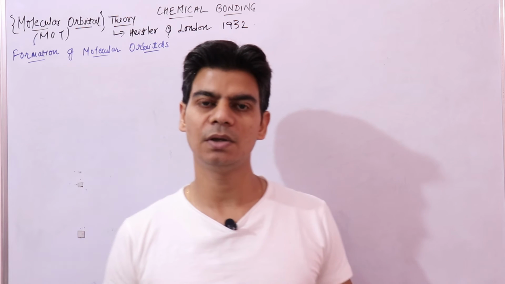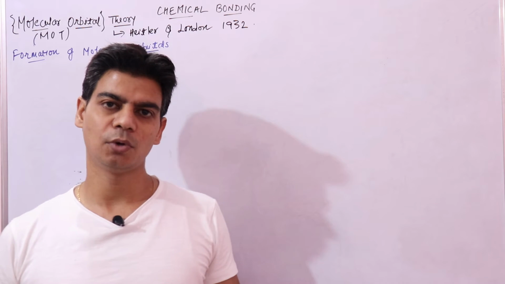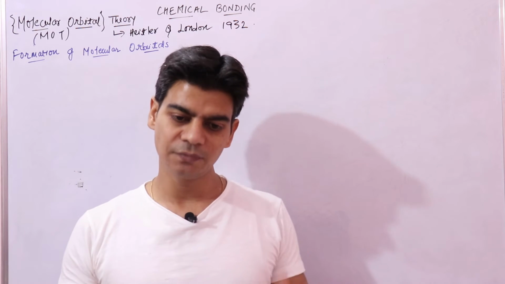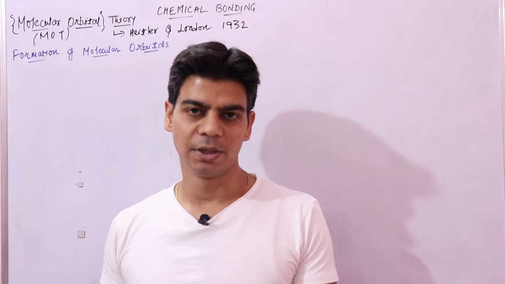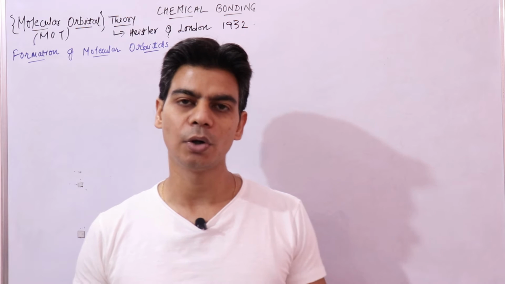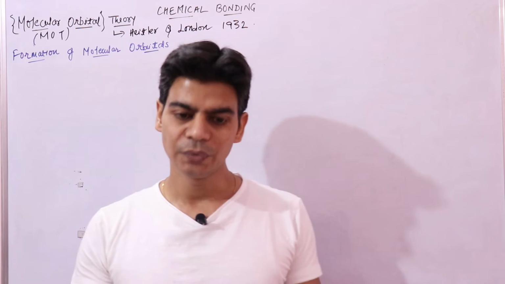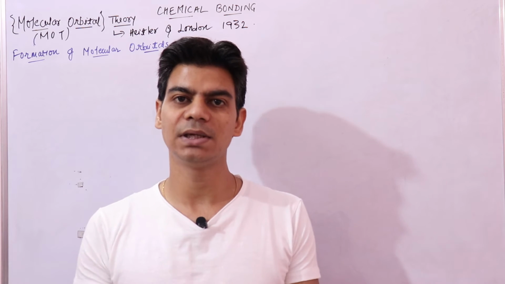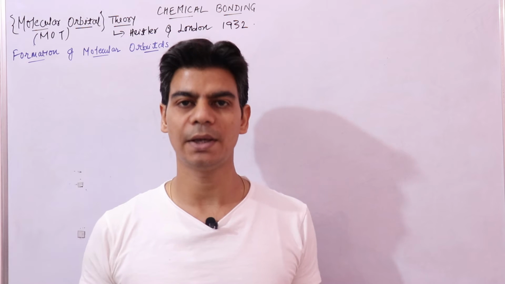In the previous lecture, we also understood what an antibonding molecular orbital is and what a bonding molecular orbital is. Bonding is due to the bonding molecular orbital, and antibonding means it will oppose bonding. What is the reason? In the bonding molecular orbital, the electron density is high between the nuclei of the atoms.